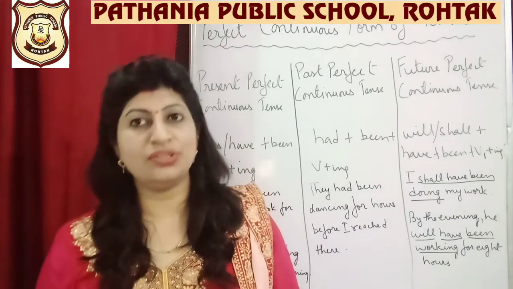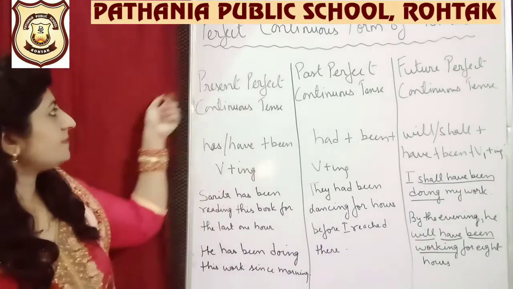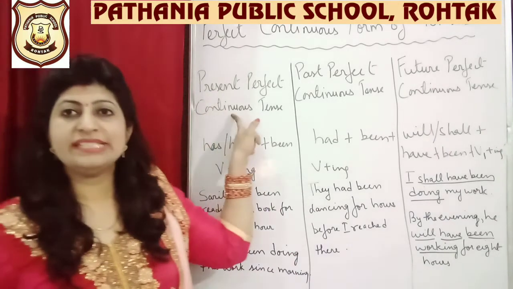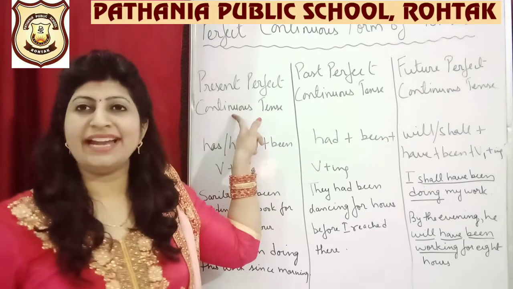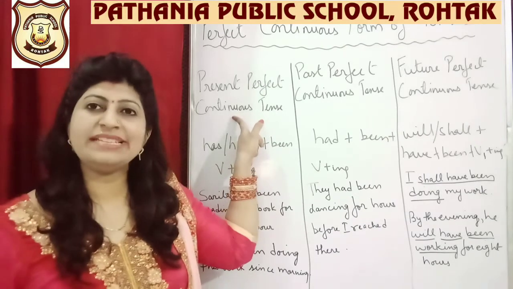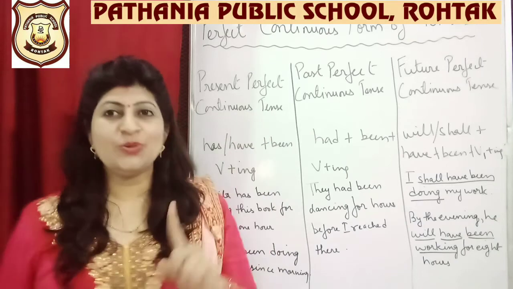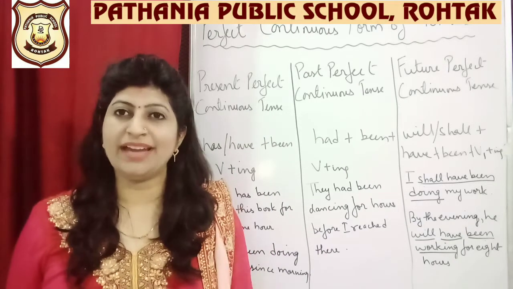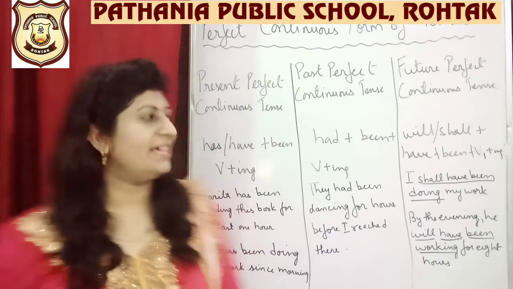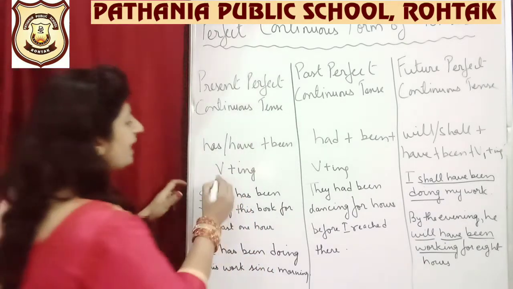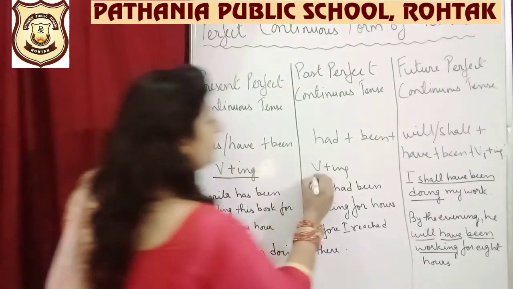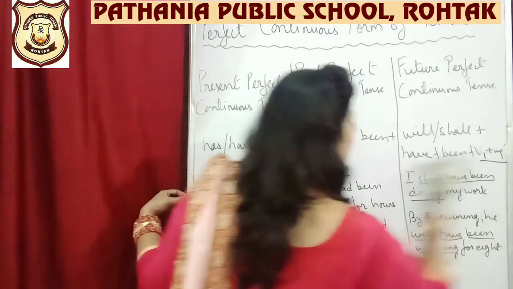Now let's come to the rules. Wherever you see the word continuous, I had explained, you are supposed to write V1 plus ing. So that's the reason I have written V1 plus ing.